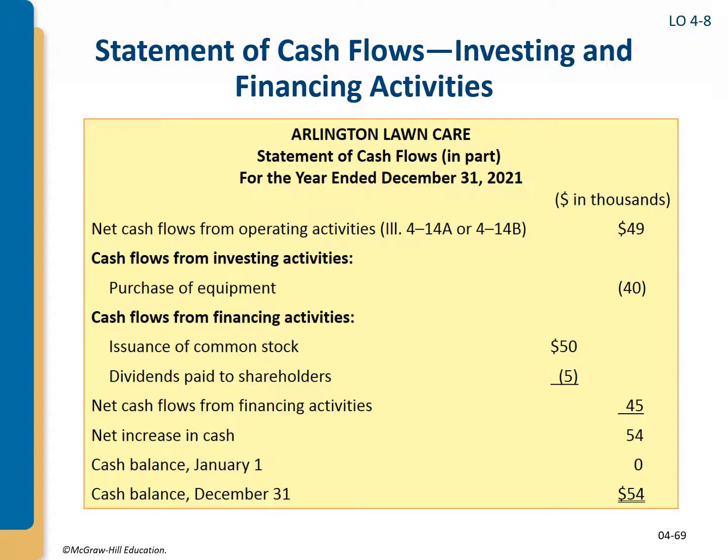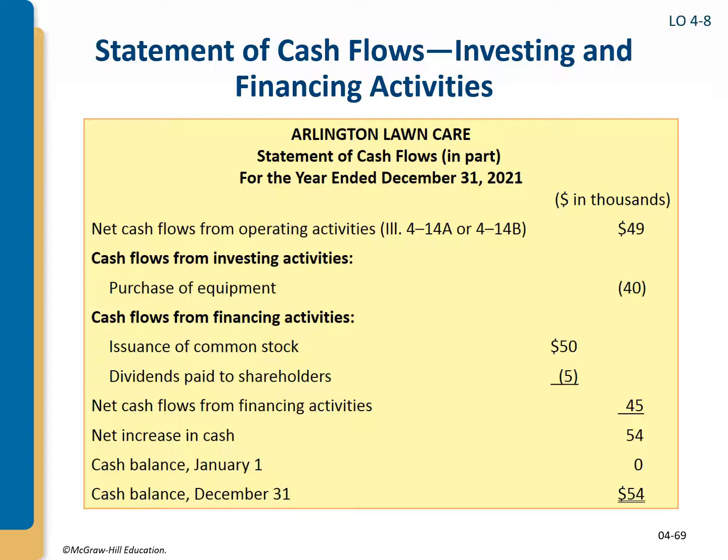So cash increased 49 from operations. We showed you how to do that. It decreased from investing 40, and then it increased 45 from financing. So the net overall increase this year in cash was 54. So if we take the beginning balance of our cash that's on our balance sheet, which is 0, add or subtract how cash changed during the year, since it increased, we'd add it.